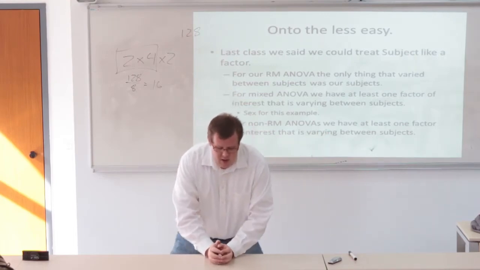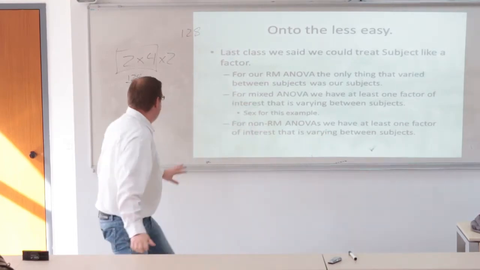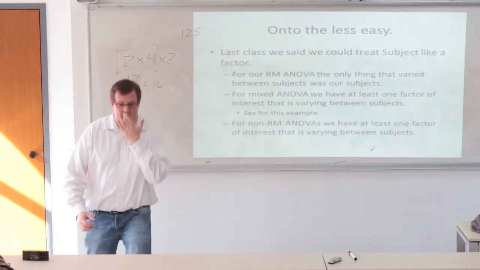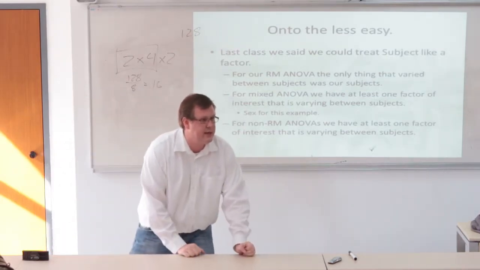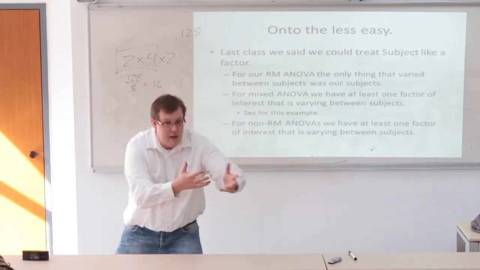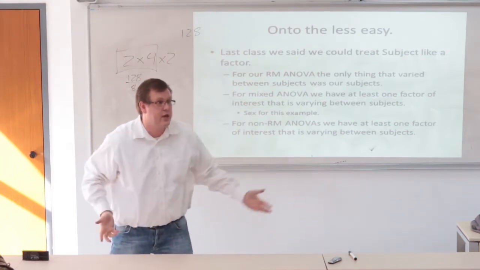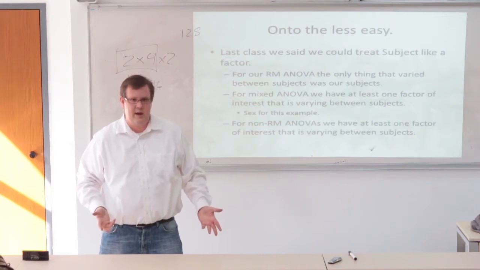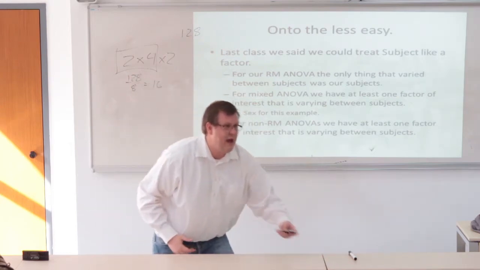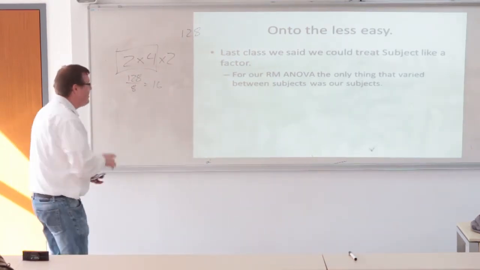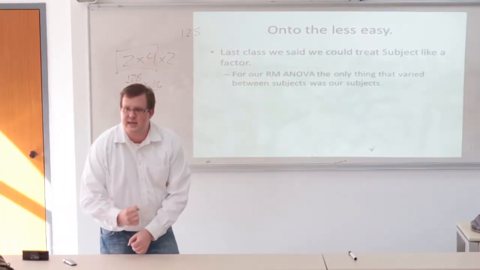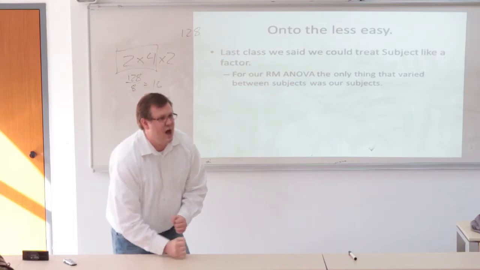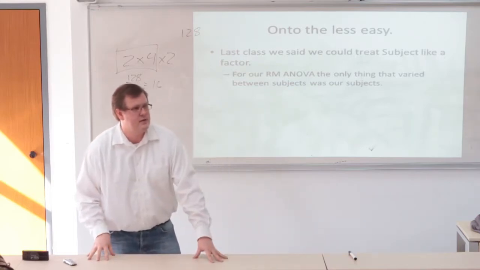So, not only for this, we have Q differing between subjects, we have list differing between subjects. We also have the subjects differing between each other. Okay? So now if we go back up here, we have one subject. Each subject gets each combination of Q and list.